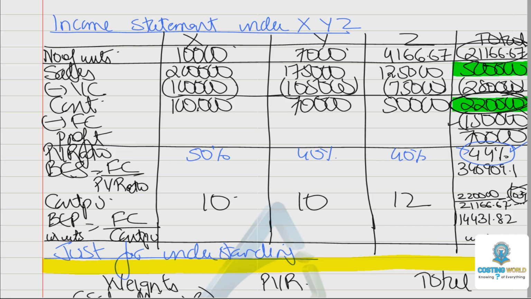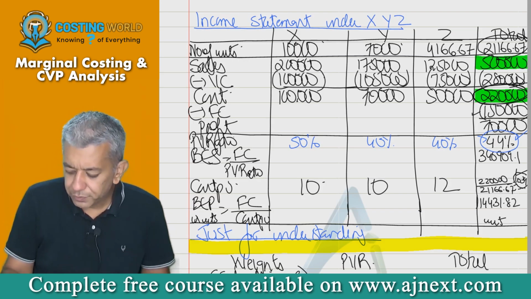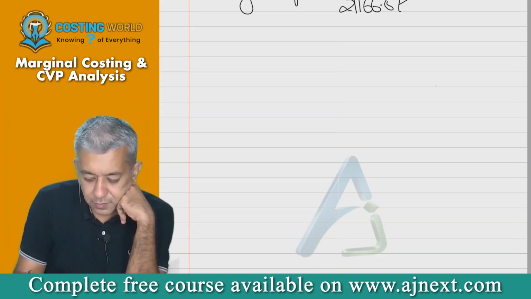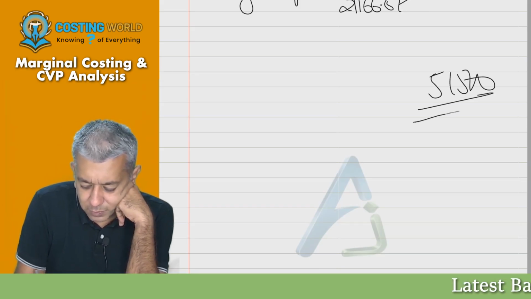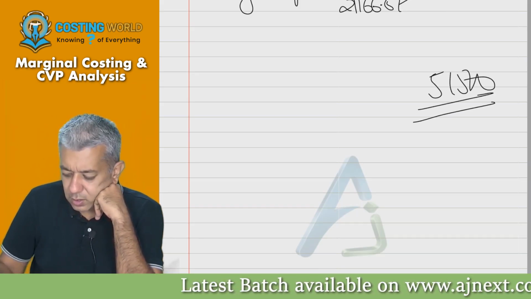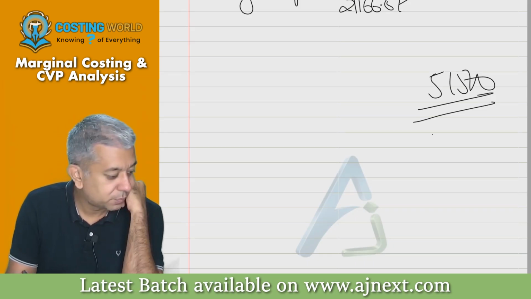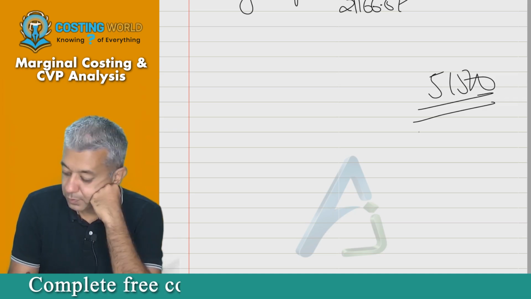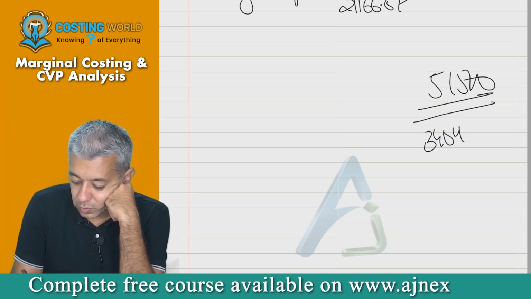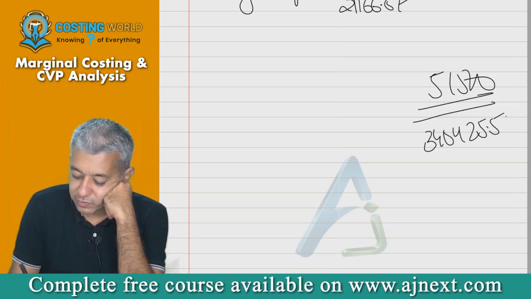Done, beta? 51,500 will be the profit, if I do remember. Just a sec. 51,500 is a profit. Then 1,60,000 divided by 47% is 340,425.5.